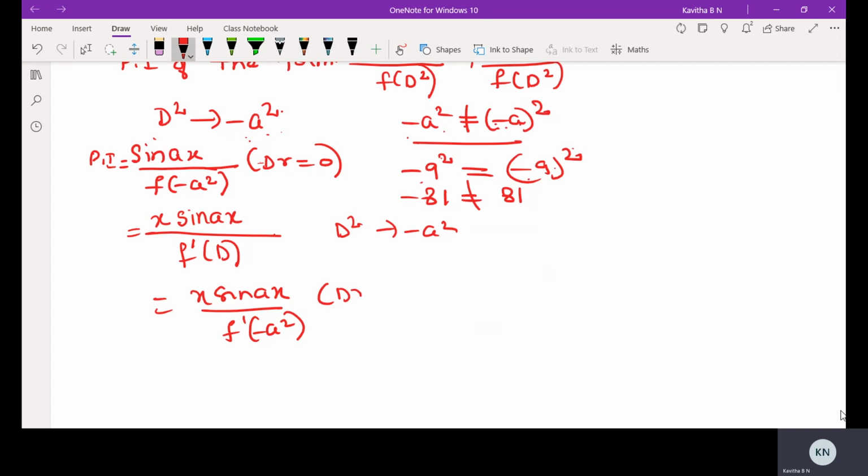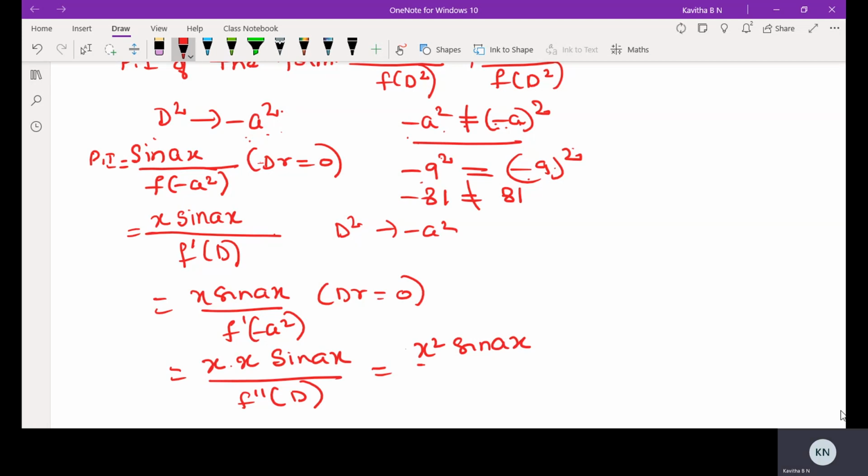Again, if the denominator becomes 0, we multiply x in the numerator and differentiate the denominator, that is, f double dash of D. Then x into x, x square sin ax, divided by f double dash of D, and in place of D square we substitute minus a square.